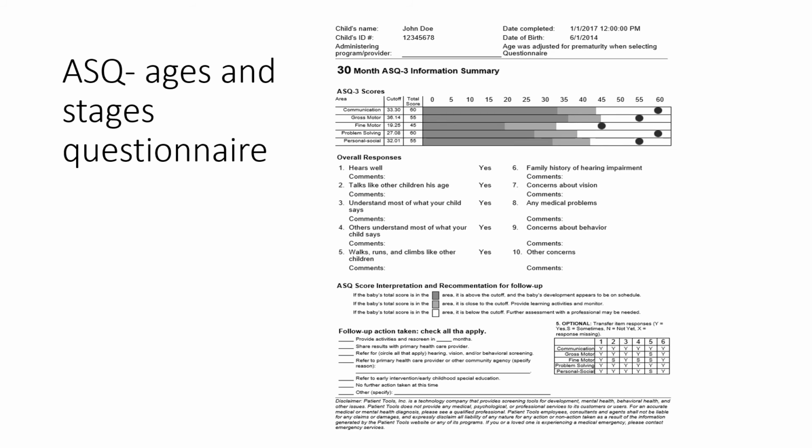If they are above the line, which you can see on that ASQ-3 scores area, anything in the white is considered well above. Anything in that gray zone means maybe they need to work on some of those things. And anything in the darker area is something that they're most likely going to need to see someone for further evaluation. So those are just some screening tools that we use just to make sure everybody is meeting their goals.